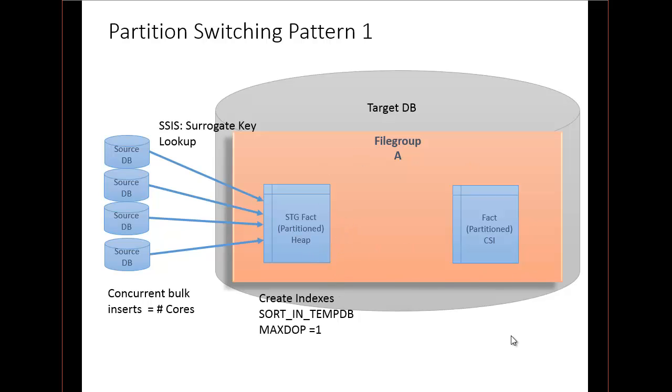And so you're ensuring that once that metadata operation, the switch, occurs on your fact table, you have the most pristine set of data to get the best sequential reads out of this, and thereby the best performance, largest block sizes. So that's the first pattern with Integration Services.